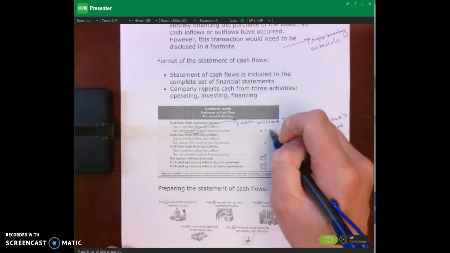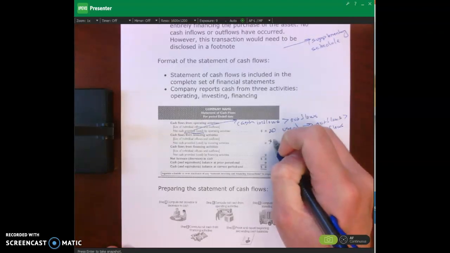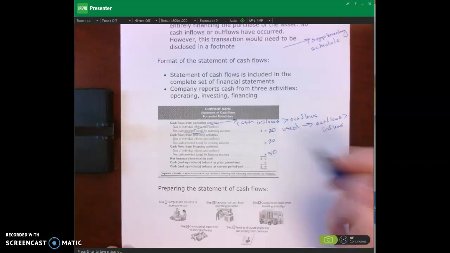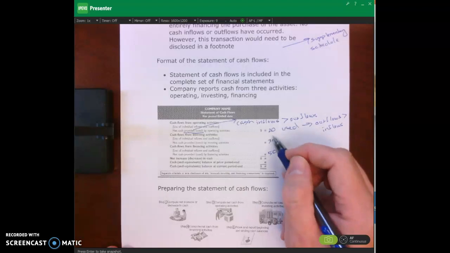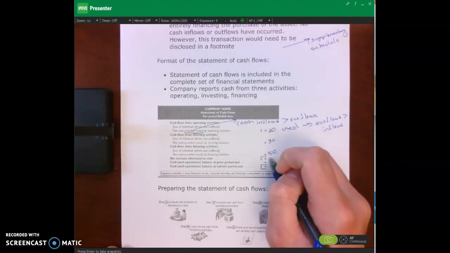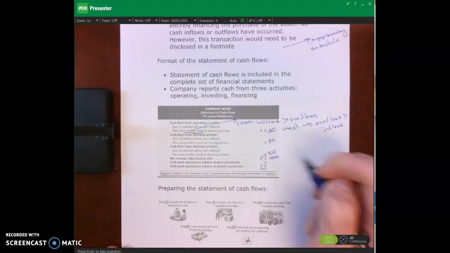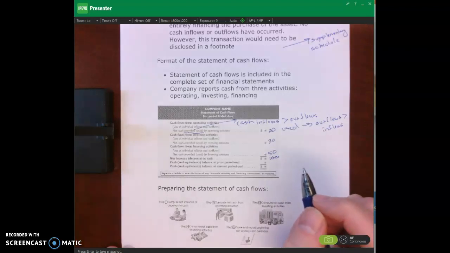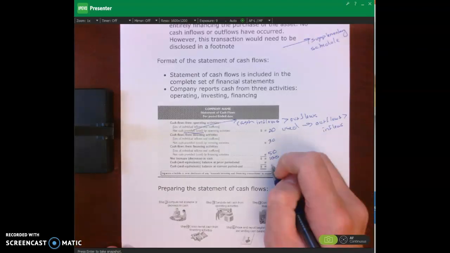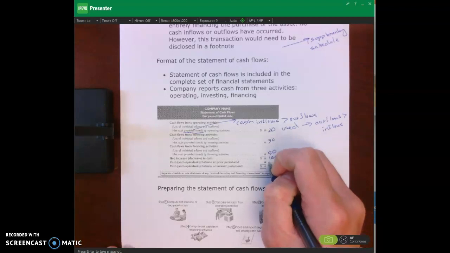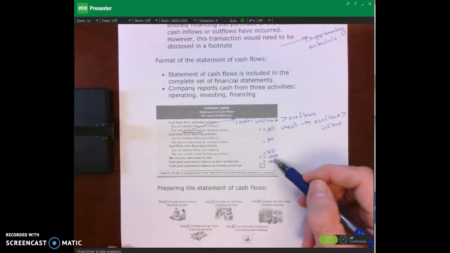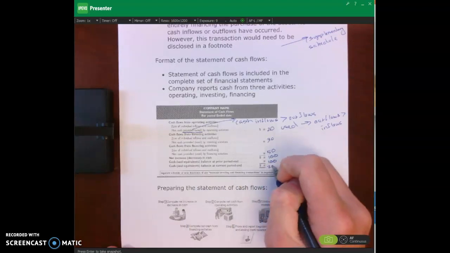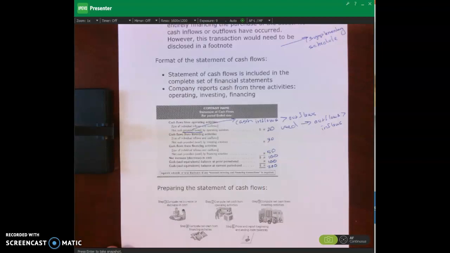So for example, let's say this is 20, and let's say this is 30, and let's say this is 50. Okay. And so what we have over here is we have 100 increase in net cash, okay? And then what we have over here is we have our prior period cash balance was 100, and then what we would say is 100 plus 100 gives us 200 over here, which is current period year end.